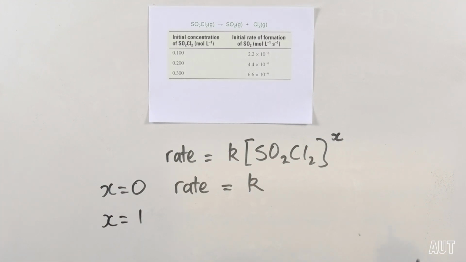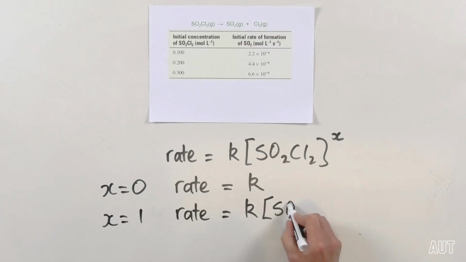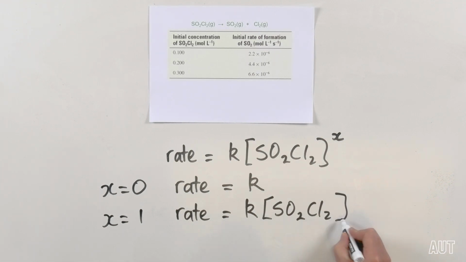So if we're talking about a zero order reaction, the rate law is that the rate is constant. It doesn't change. It doesn't depend on the initial concentration of sulfuryl chloride. If x was equal to 1, in other words a first order reaction, then the rate of that reaction would be k multiplied by the concentration of SO2Cl2 to the power of 1, and anything to the power of 1 is just itself.